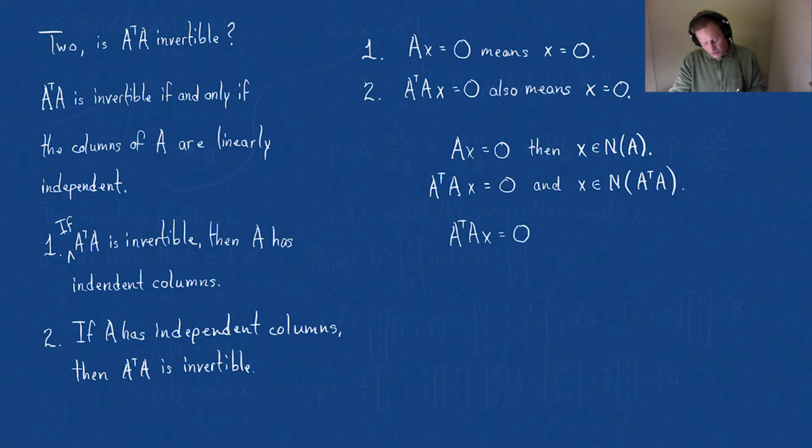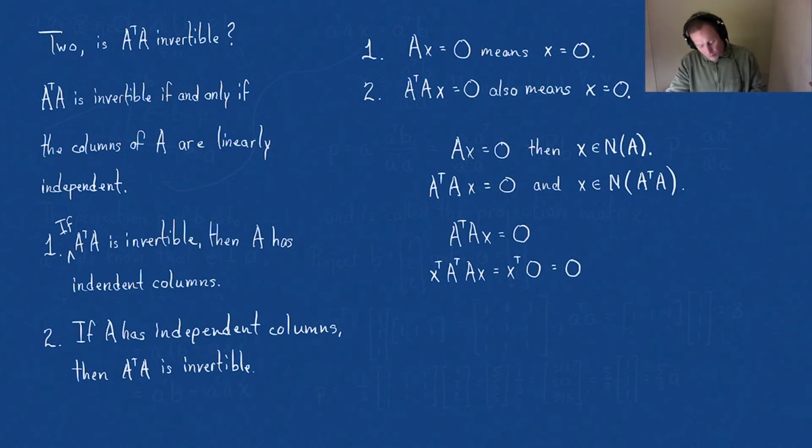And the question is, what can we do with this? Well, this is kind of a clever idea. Let's multiply both sides by X transpose: X transpose A transpose AX, and X transpose times 0 is still going to be 0.